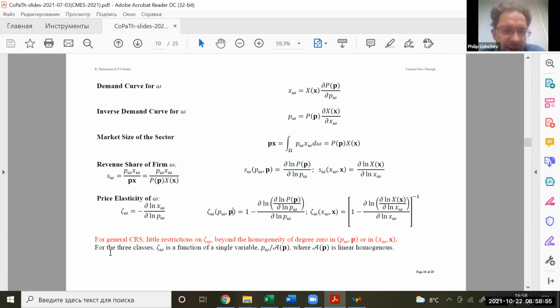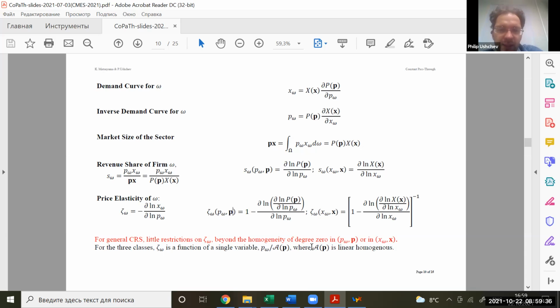So for the three classes I mentioned before, there is this useful property: the answer to the question of how the price elasticity of demand depends on the cross-price effects is very simple. Instead of this whole array of prices on which, in general, the elasticity could depend in a rather hairy way, we have only a scalar price aggregator, which is some kind of average price, linear homogeneous in prices.